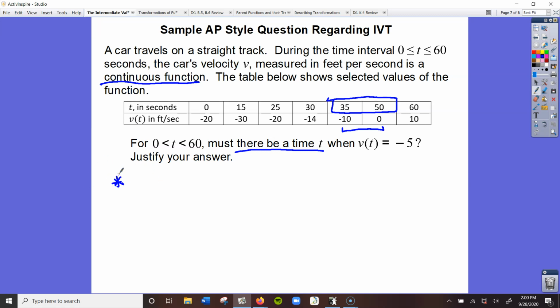Remember, we still have to go through our theorem and make sure that we include all of the properties that encompass the theorem.